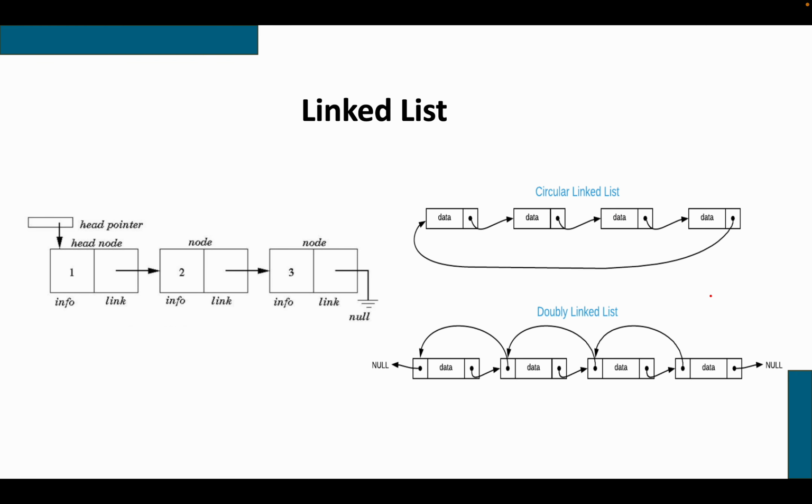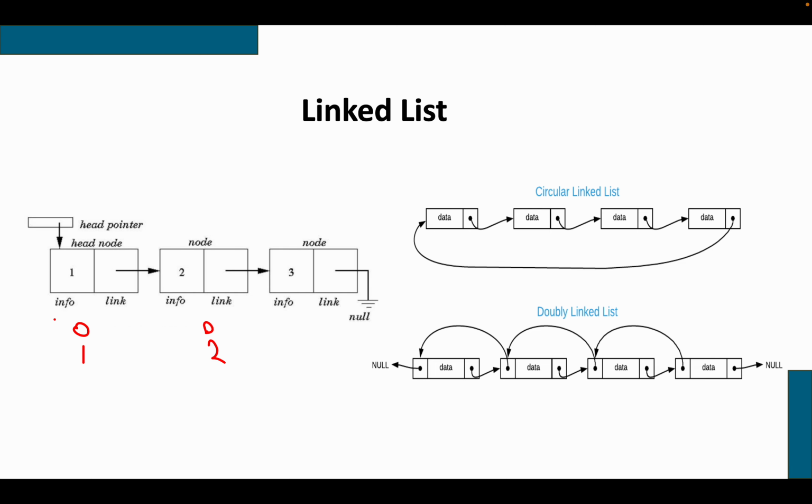The other implementation of our ADTs is another data structure that's called linked list. Linked list is, as you can see in its presentation, we have a memory, and in each memory we have different memory cells. In a linked list, for each value, for each data, we make a node. Node 1, node 2, and the others.